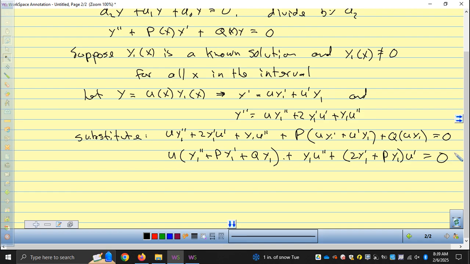So I just gathered all the terms that have a u, all the terms that have a u prime, and all the terms that have a u double prime.